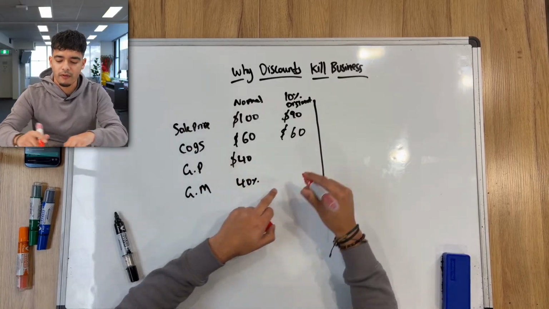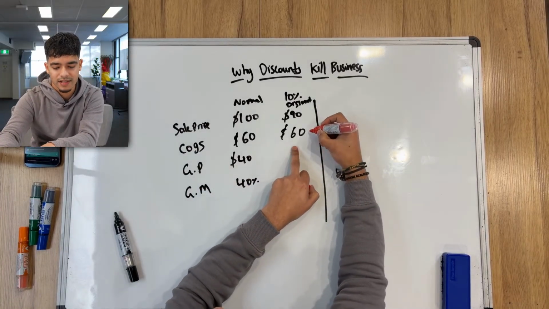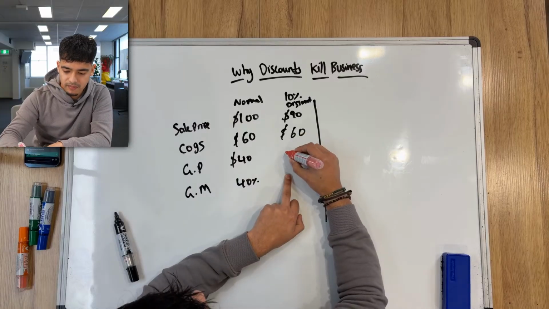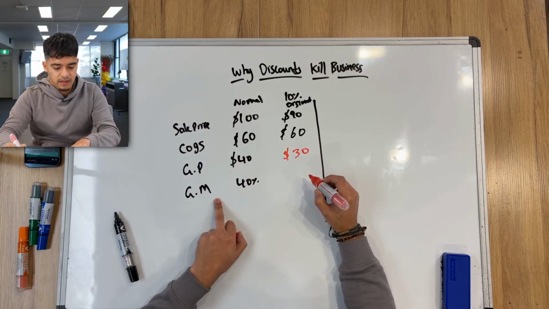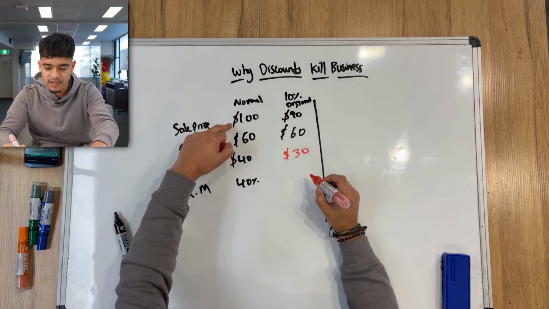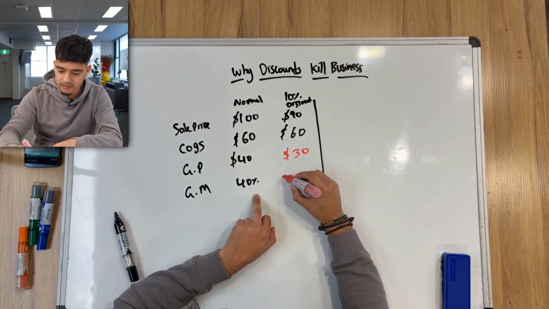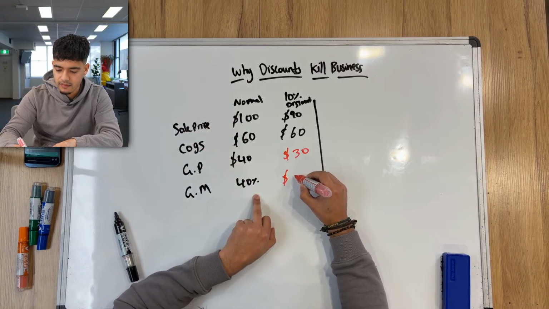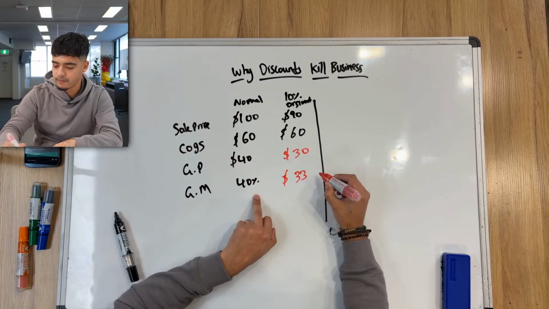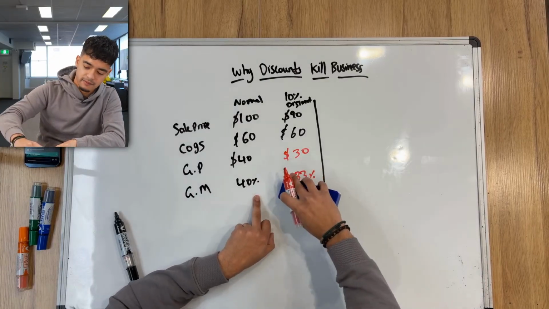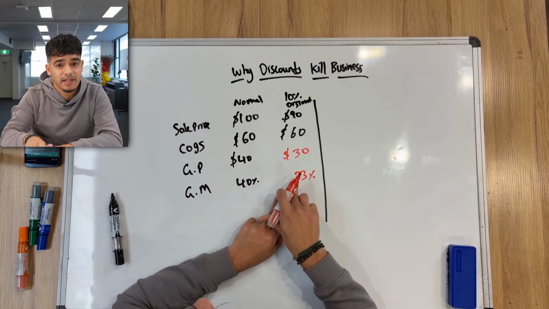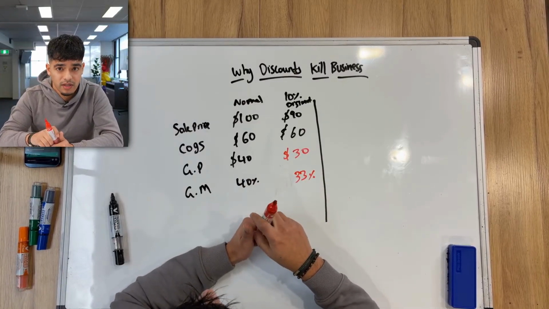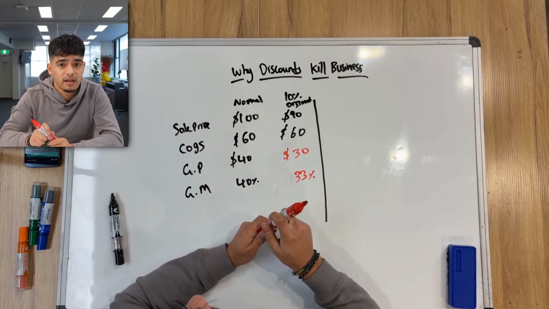Your gross profit, $90 minus your $60, is actually only $30. Your gross margin, instead of it being 40%, is actually 33%, I believe. It's the early morning, guys, forgive my maths. So you can see a 7% reduction in your gross margin just by making that one change.